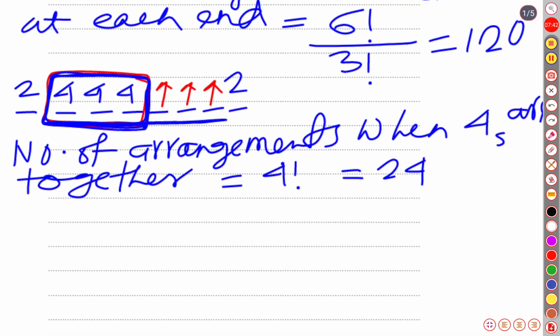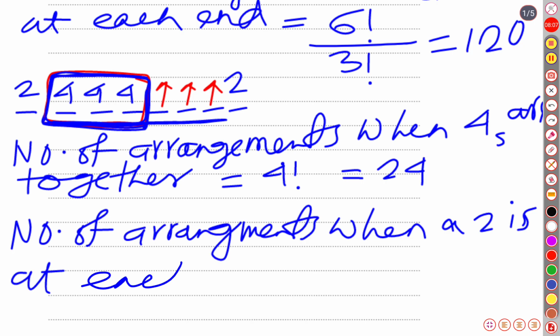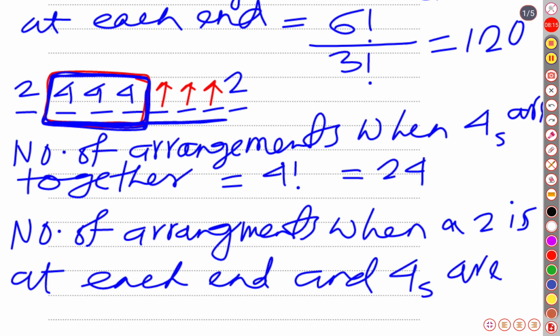Our final answer is the number of arrangements when a 2 is at each end and the fours are not all together.